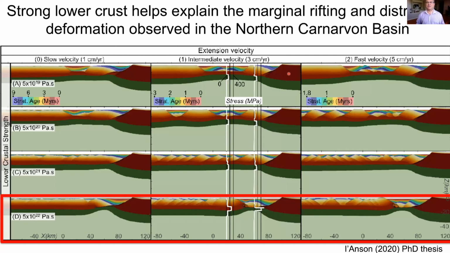So her models involved a rigid cratonic block on essentially the southern end of the margins, from the right-hand side shown here, a large fault which represents that Permian rift filled in with the layers of sediment, which are sort of shown in the brown and yellowy colors in here. So that was the starting state. That template was then subject to extension with different extensional velocities, slow, intermediate, and fast.